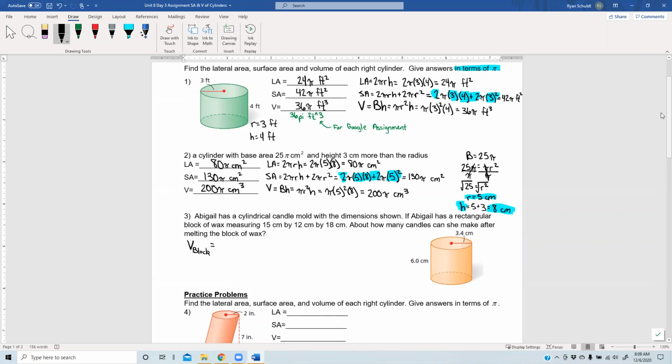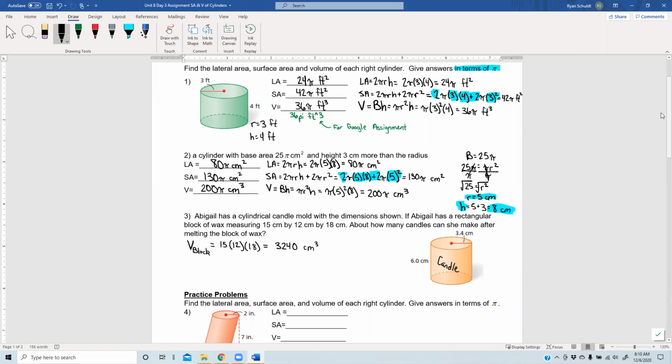This is her candle over here. So volume of the block, 15 times 12 times 18. It's going to be 3,240 centimeters cubed.